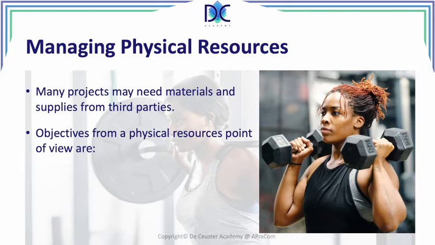When we look at the objectives from a physical resources point of view, we have to reduce or eliminate material handling on site. Material handling is not a value-added activity. We have to avoid that. Moving around certain elements, we may lose them, we may damage them, and so on.